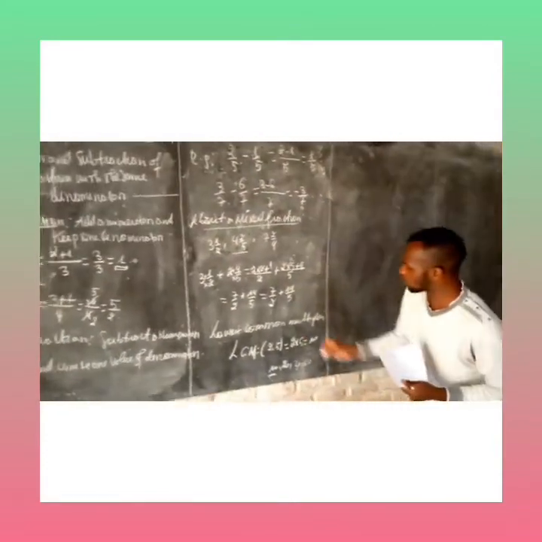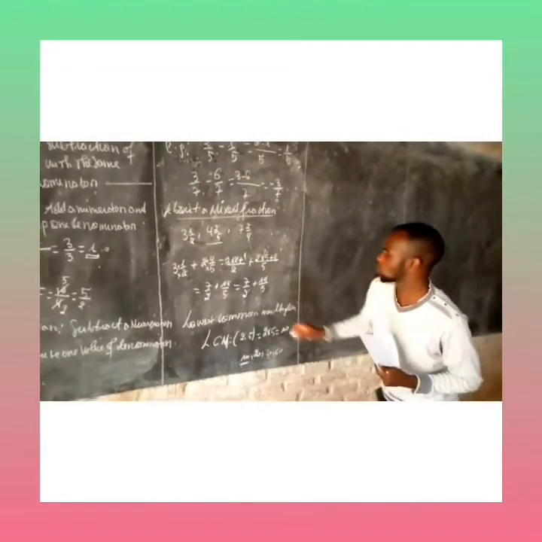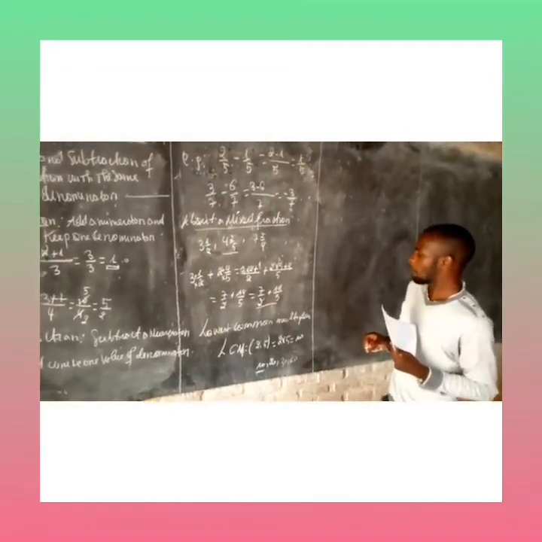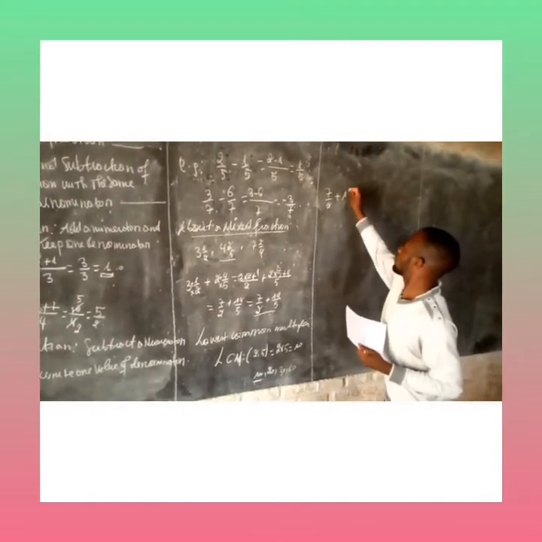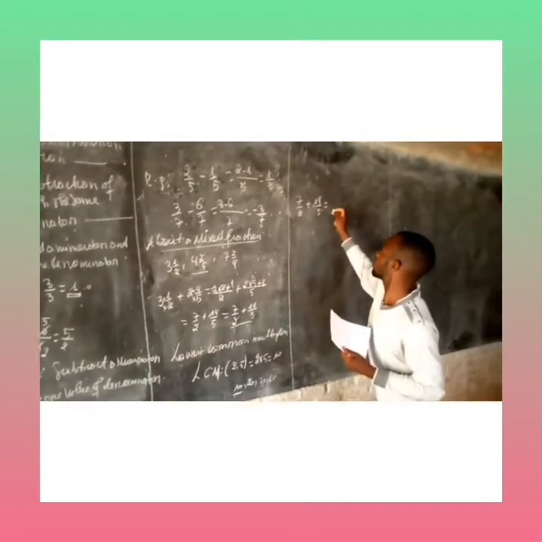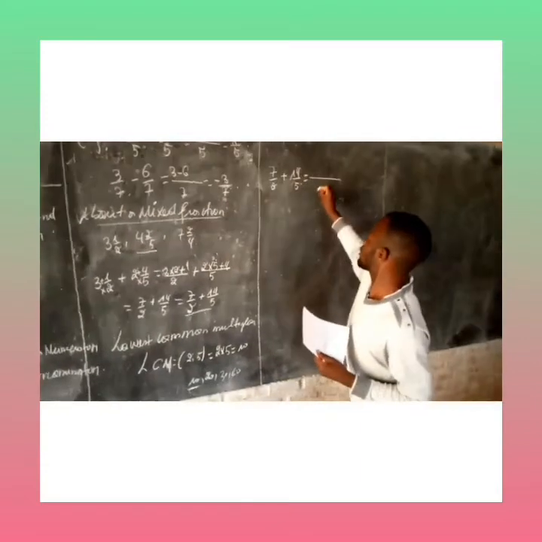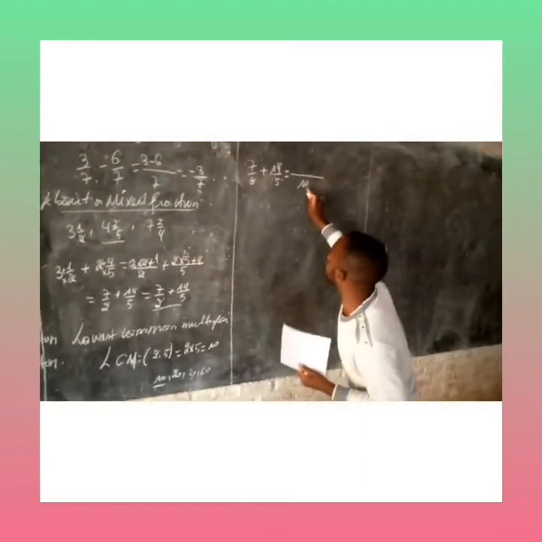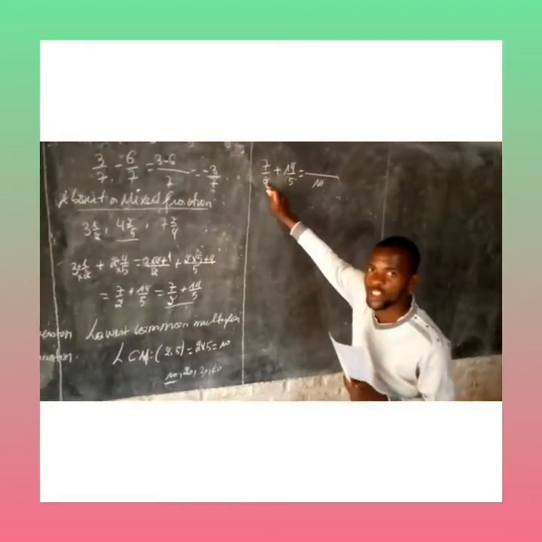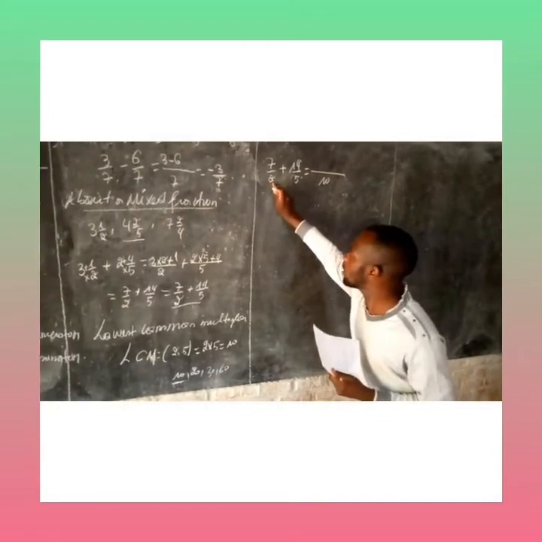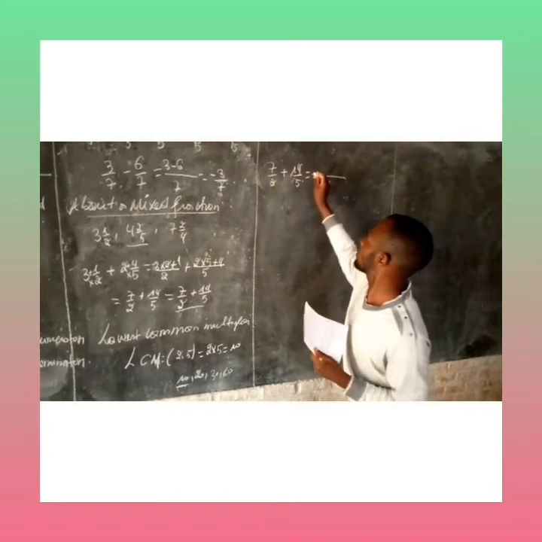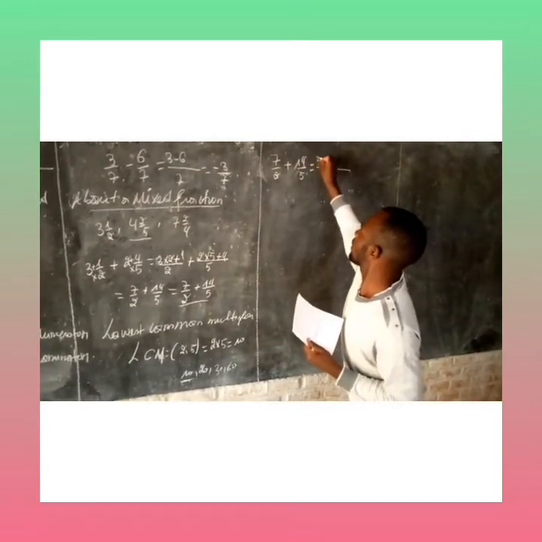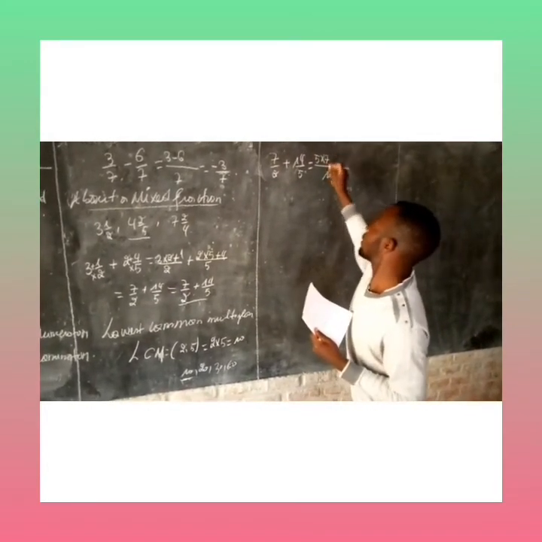Now you have to use this lowest common multiple to find the addition of two fractions. We get 7 over 2 plus 14 over 5, and the lowest common multiple is 10. So 10 divided by 2 is 5, and 5 times 7 gives 35.